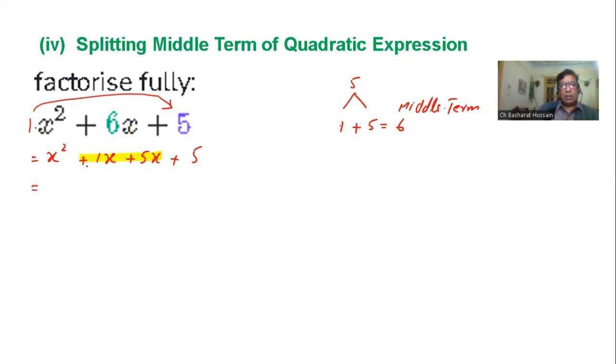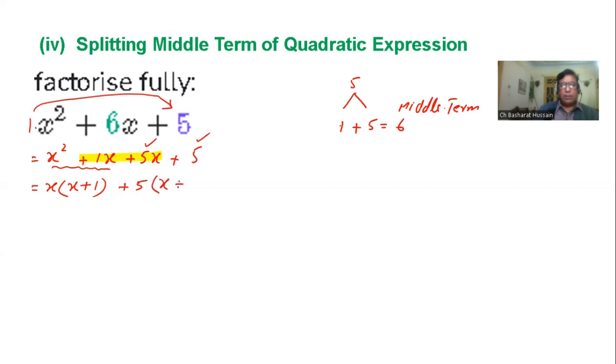Now we take common from the first two terms. What is common? x is common, and what is left after taking x common? 1 is left. Now 5 is common in the next two terms, so we take it out.